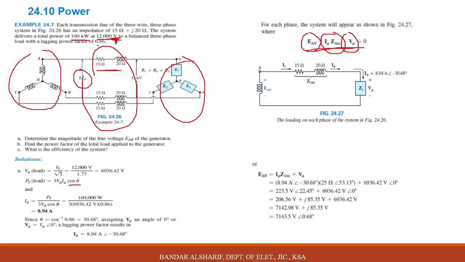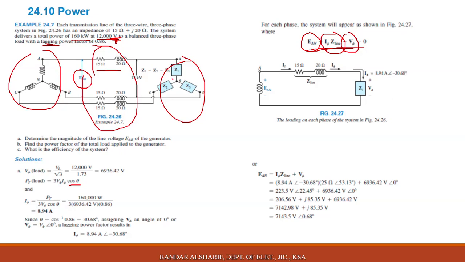Cosine theta is mentioned in the question, the power factor: a balanced 3-phase load with a lagging power factor of 0.86. Since he mentioned lagging power factor, for example, if I ask you what elements are connected in the load, resistor, inductor, or capacitor, it is very clear from the word lagging.